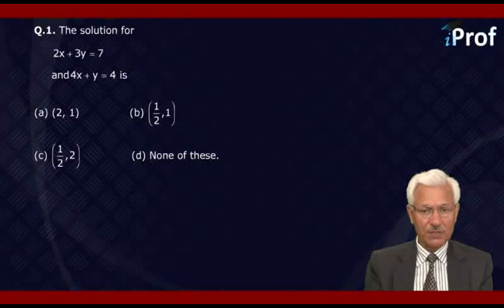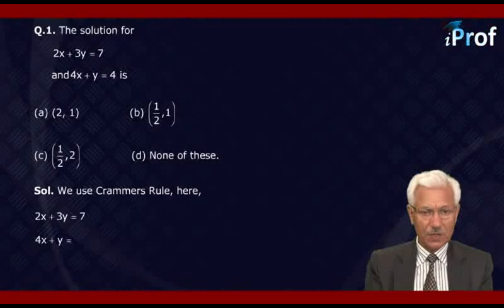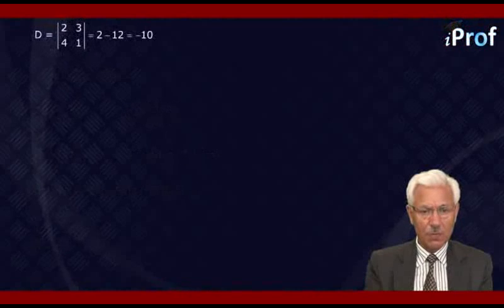Now we use Cramer's rule here. For 2x plus 3y equal to 7, 4x plus y equal to 4. D is equal to the determinant formed by 2, 4, 3, 1, which is equal to 2 minus 12 equal to minus 10.